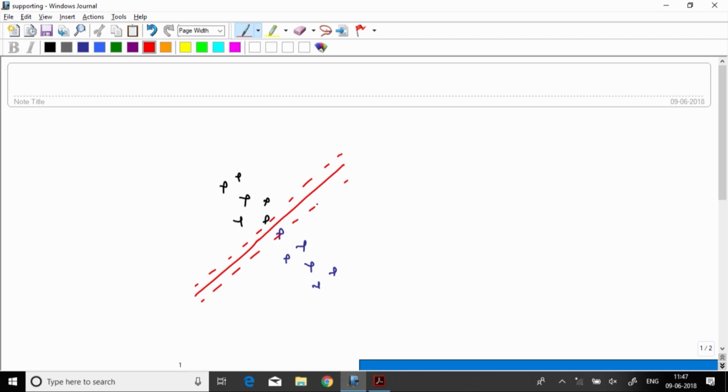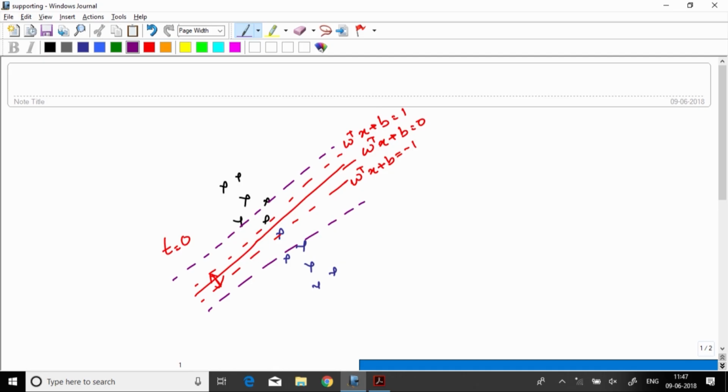So if this is W transpose X plus B equal to 0, this is W transpose X plus B equal to 1, and this is W transpose X plus B equal to minus 1. Then it is actually t equal to 0, and this distance is this much. Now we are allowing 2 misclassifications. Then we will have some other margin, maybe this one.